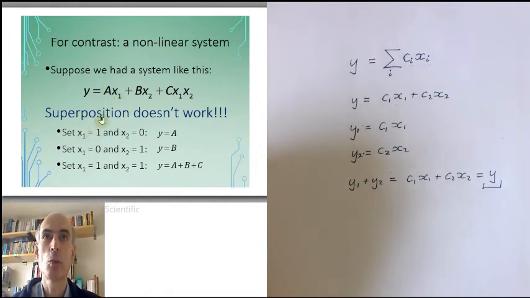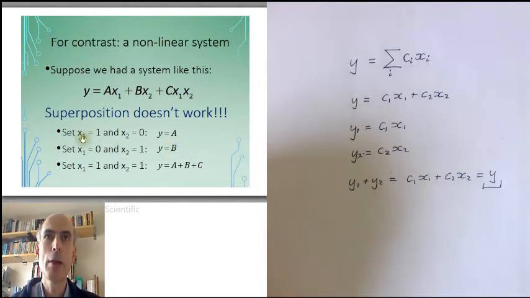If x1 was 1, that would just be equal to a. If we set x1 to 0, then this term becomes 0, this term is still 0 because x1 is 0, we're just left with this term. And if x2 was 1, that would just be equal to b.